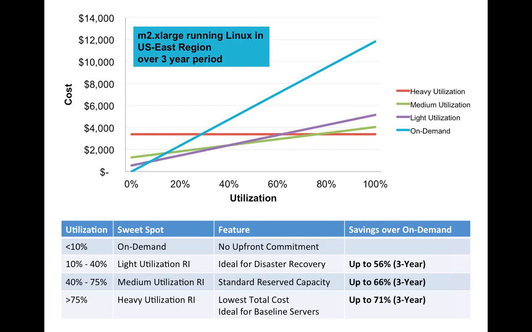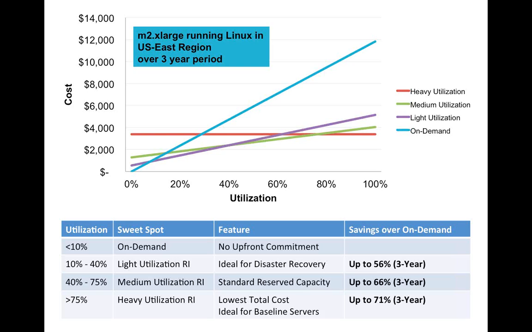The next one is 10 to 40% utilization. We would then recommend using a light utilization reserved instance. And this is ideal for things like disaster recovery. If you have a standby data center where you're typically not running your virtual machine, but you need to run it when a disaster happens, this can save you a lot of money.